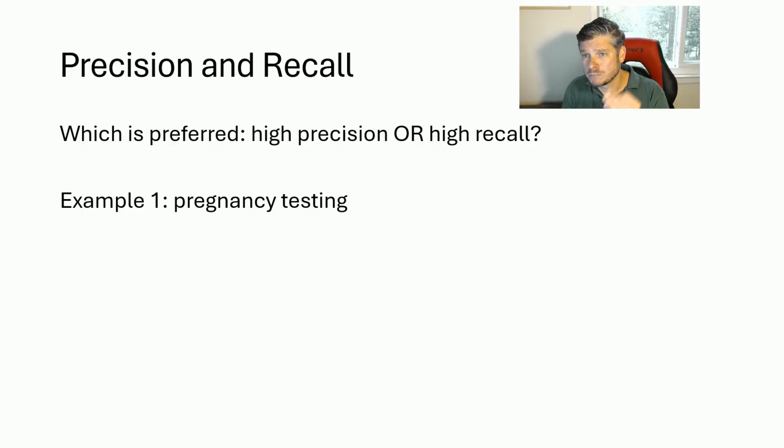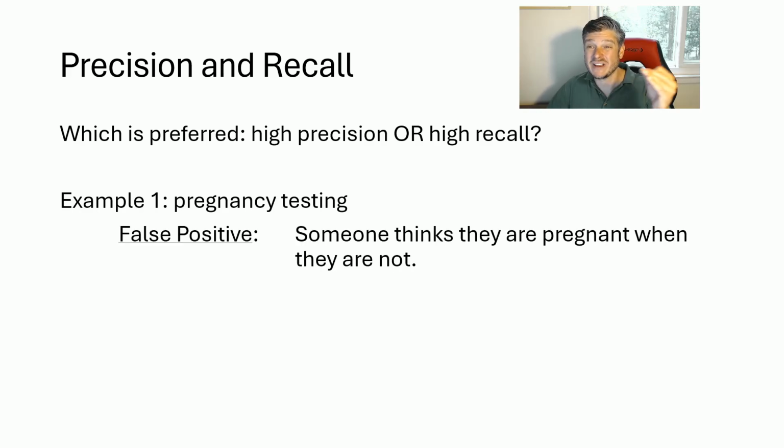Example 1, pregnancy testing. All right. So again, like I said, let's look at what would happen if there's a mistake in the pregnancy testing. So if I give a false positive, that means someone is going to think that they are pregnant when they are not. And from my experience, that is very emotionally damaging if you think you're pregnant and then you find out you're not.